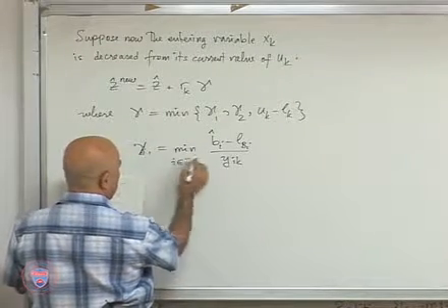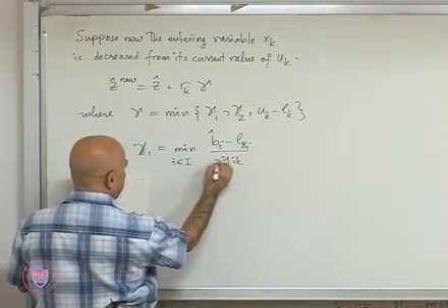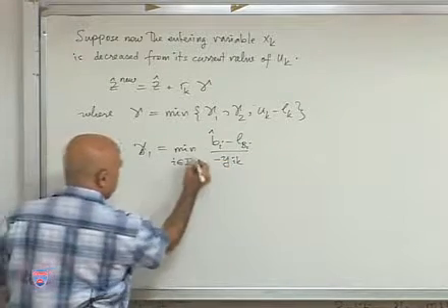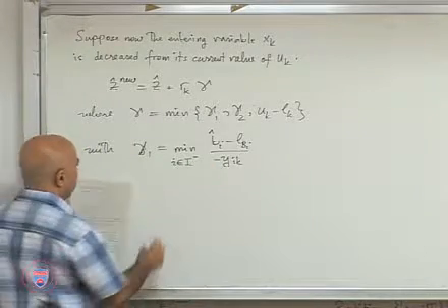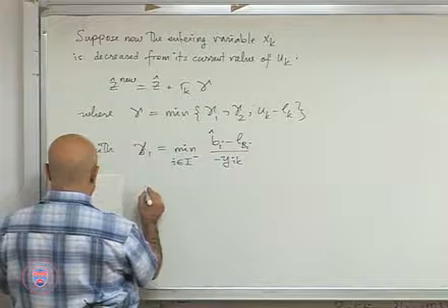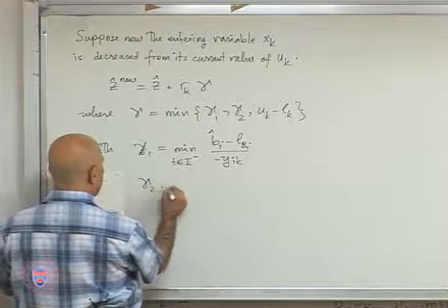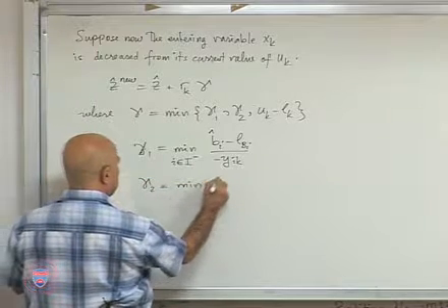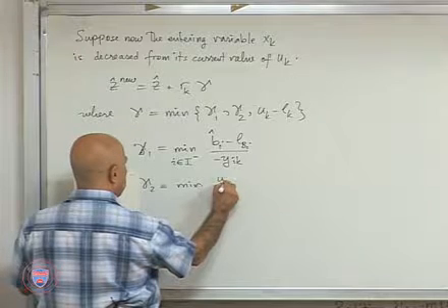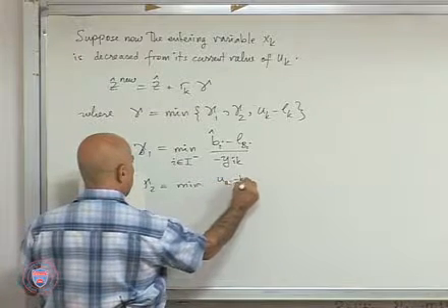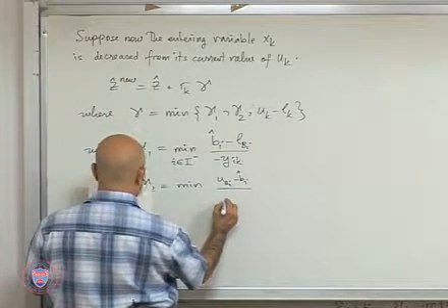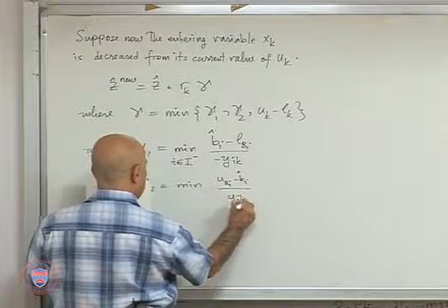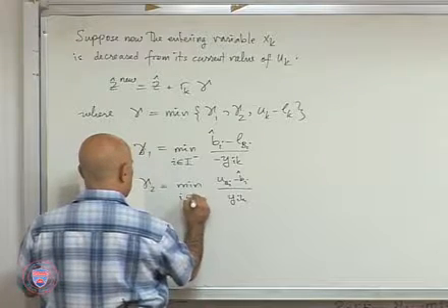Okay, let me change gamma 1, let's put a minus here. Gamma 2 is the minimum of ubi minus bi cap divided by yik, for i coming from plus.